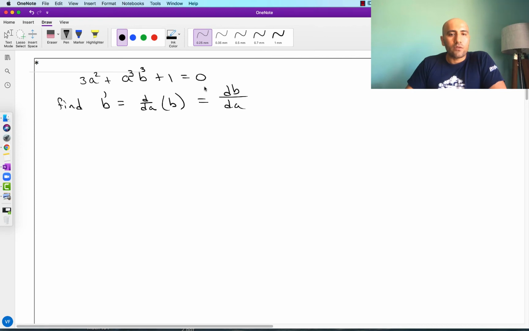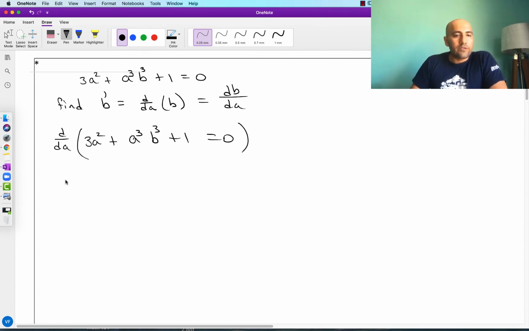Good? Okay, so let's go ahead and find it, which means we have to take the derivative with respect to a. We have 3a squared plus a cubed b cubed plus 1 equals 0, and we want to take the derivative of the entire thing with respect to a.